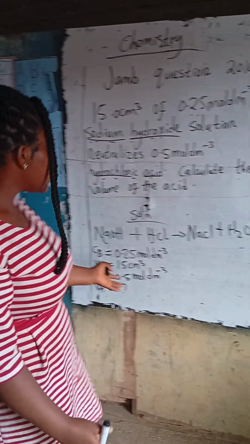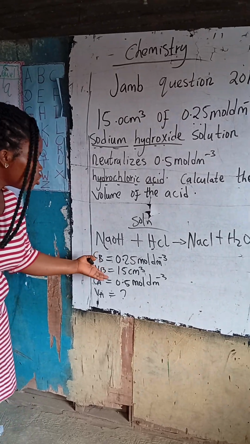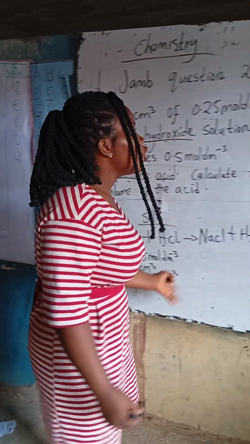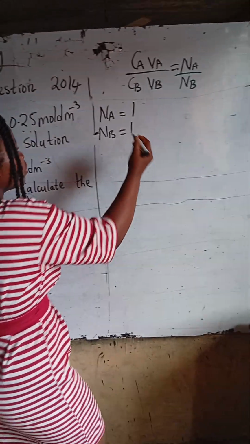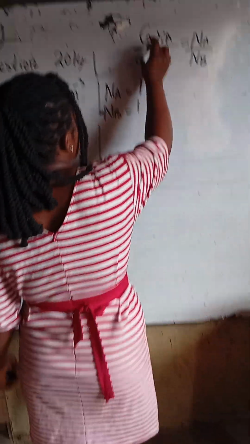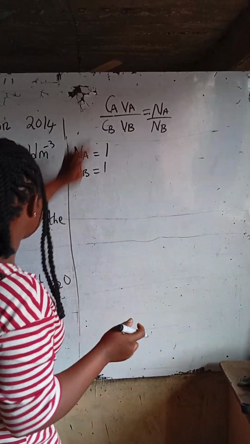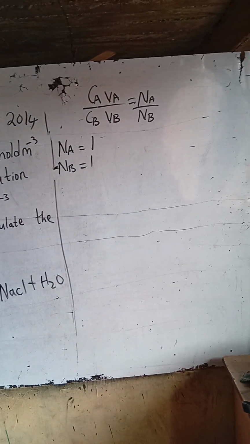So what is the next step? Let us substitute the values of each of the compounds into the formula given. So how do we achieve that? We have the concentration of the acid to be 0.5.